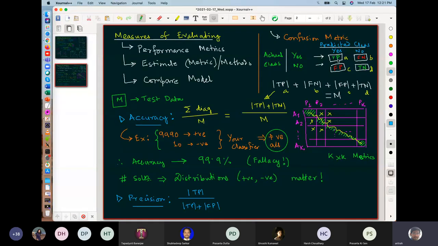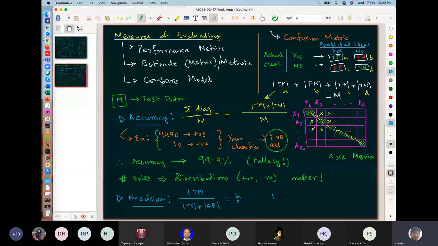When I predict yes for something, how precise am I for that yes? Whichever I have classified correctly divided by the total number of yes predictions is the percentage of my prediction being precise. We call this P.